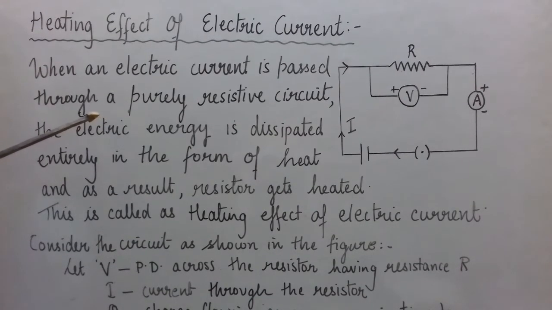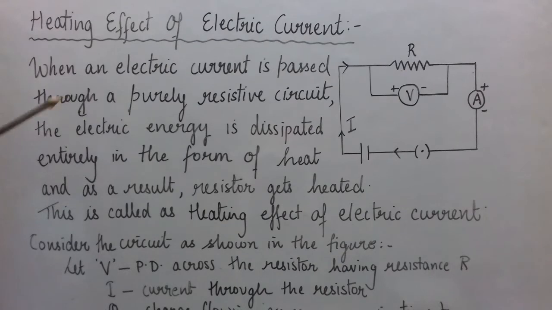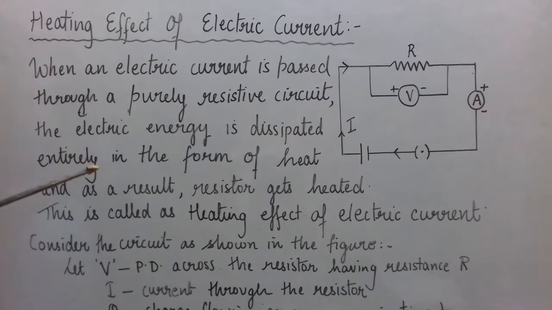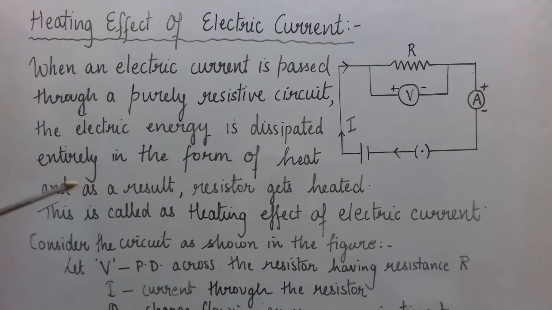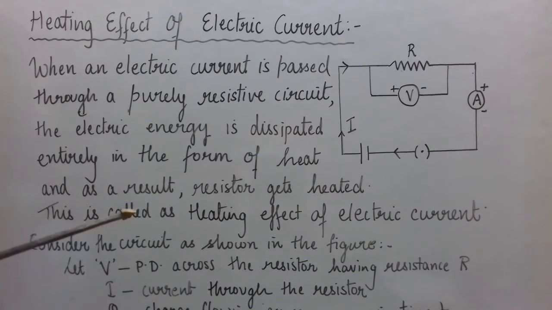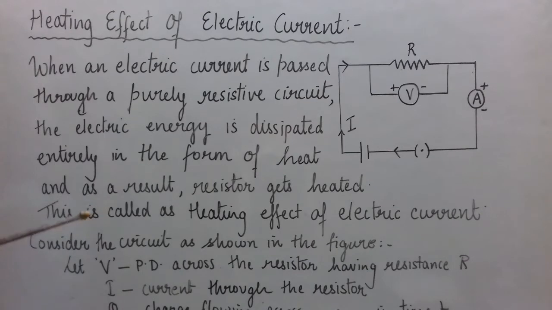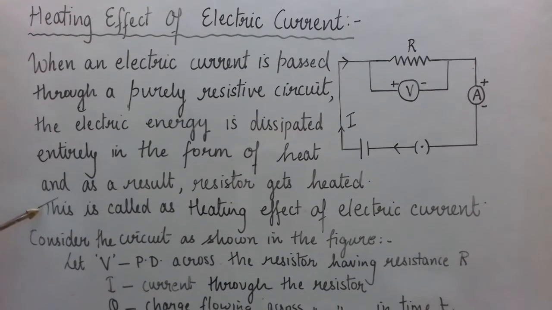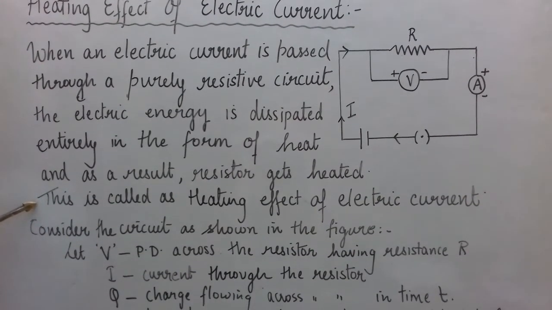There is no other device like fan or bulb. The electric energy is dissipated entirely in the form of heat, and as a result resistor gets heated. This is called heating effect of electric current. And you can name some applications of heating effect of electric current as I have given you the examples now.